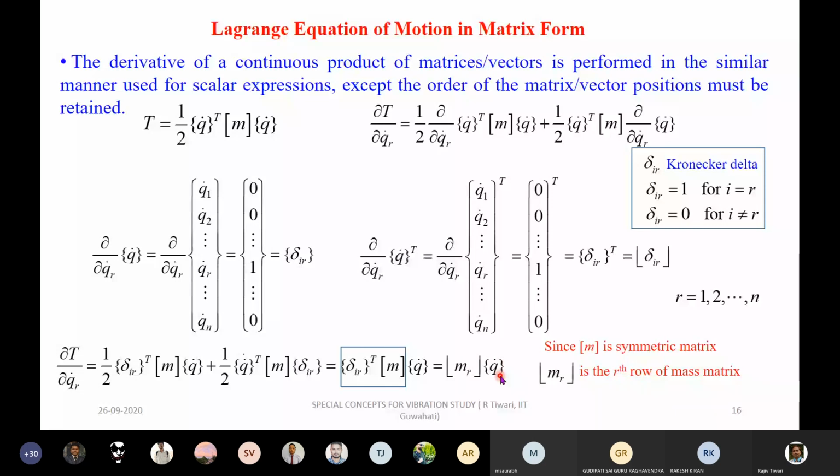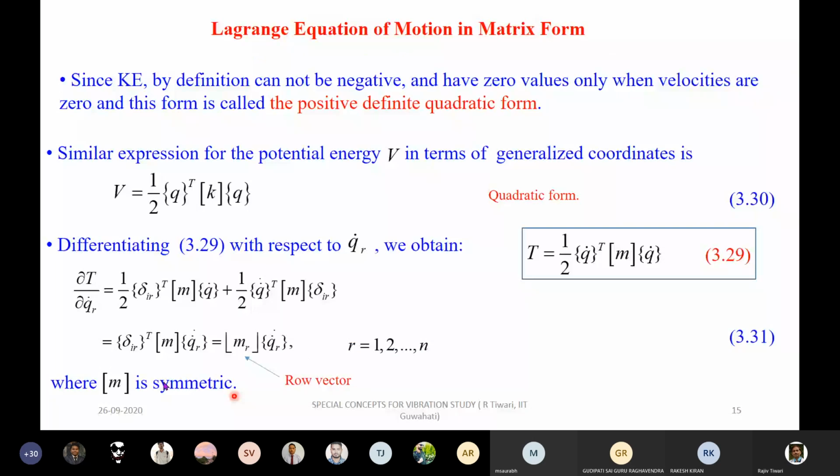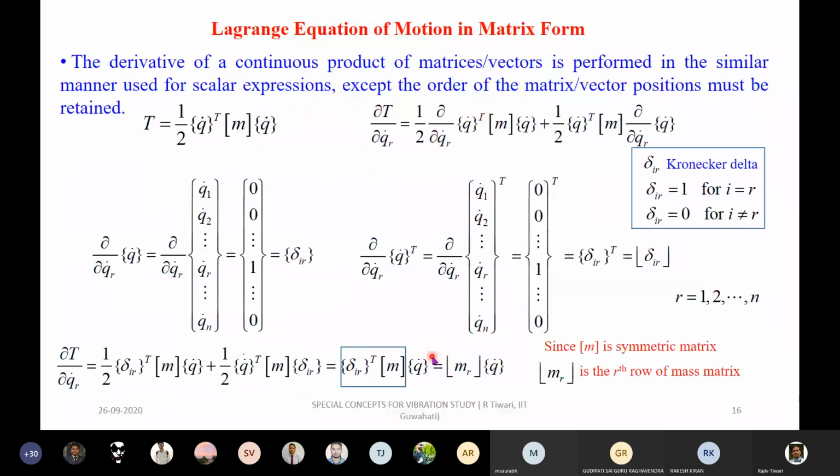Now you can see here, when I'm doing this operation, I'm getting the rth row of the mass matrix into the velocity vector, and here r can be 1 to n. Anyway, when we combine them in a matrix form, this will go away. So now I'm combining them.